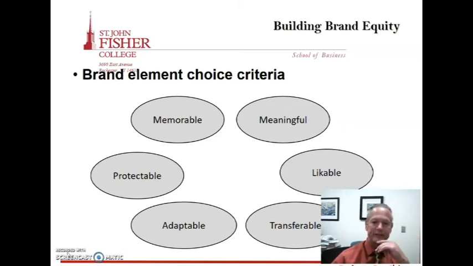Adaptable, adapting different products to the brand, such as Campbell's. Campbell's can adapt their soups. They can adapt all types of different food products to that particular brand, and the brand carries a strong meaning. Protectable, it has to be able to be copyright written and trademarked. Memorable brands such as Google, Apple, meaningful brands such as GM, General Motors, etc.